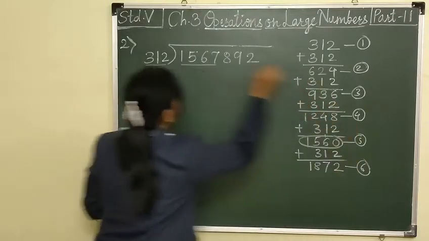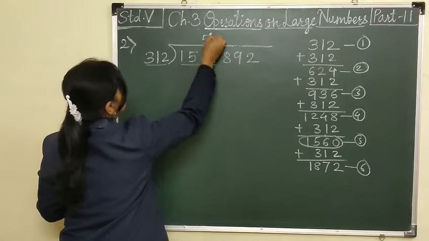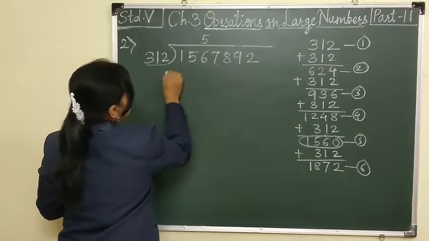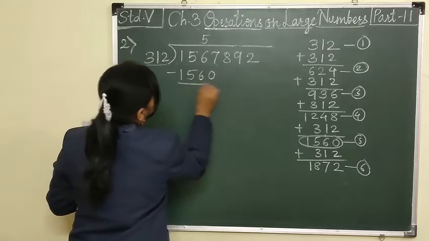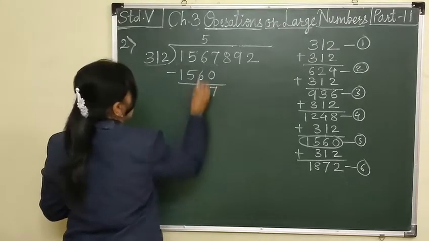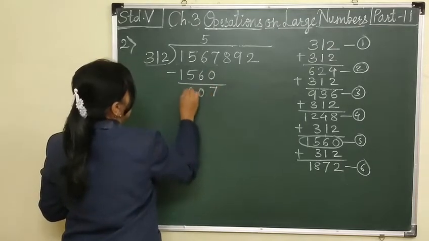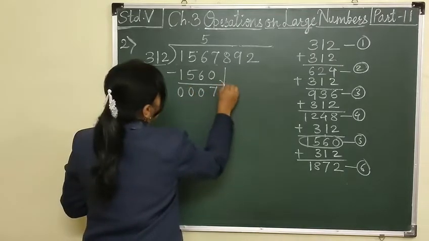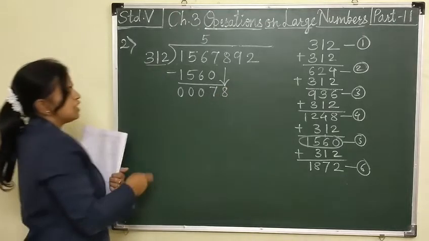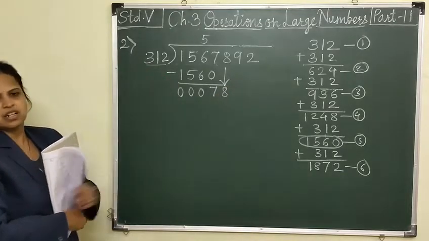So put the quotient 5 here and subtract 1560 from this. 7 minus 0, 7. 6 minus 6, 0. 5 minus 5, 0. 1 minus 1, 0. Let's take 8 down. Now 78 is smaller than this 312.